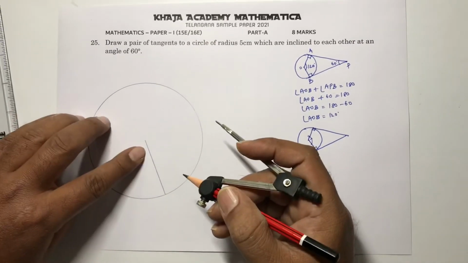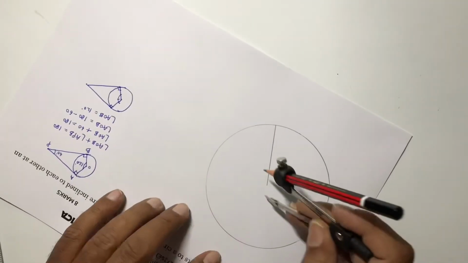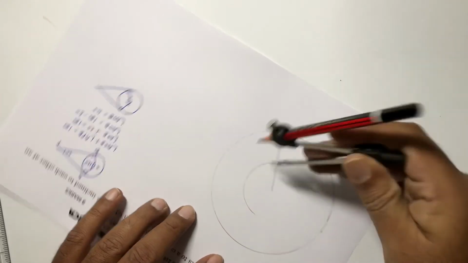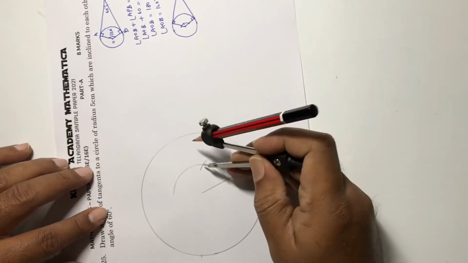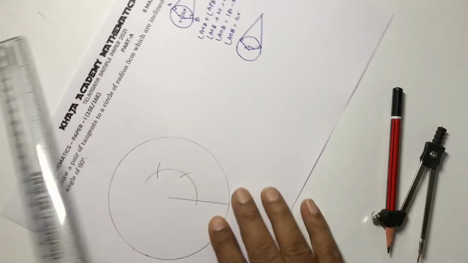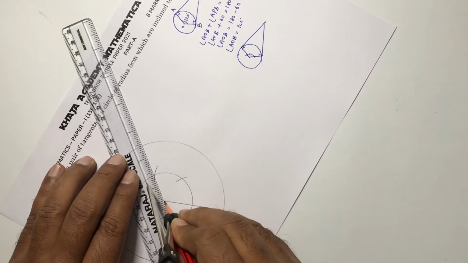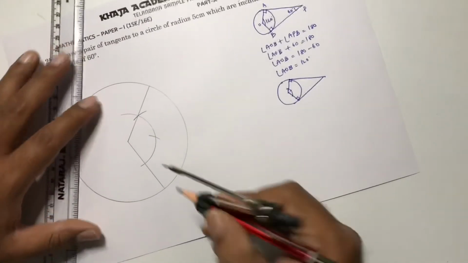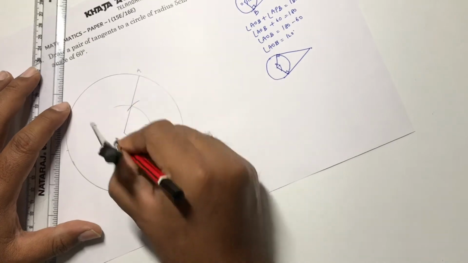Now at this point I'll draw 120 degrees. So keep the compass over here and draw an arc. This will be 60, and from here this will be 120 degrees. This is 120 degrees. So these are the points, this is B, A and center O.